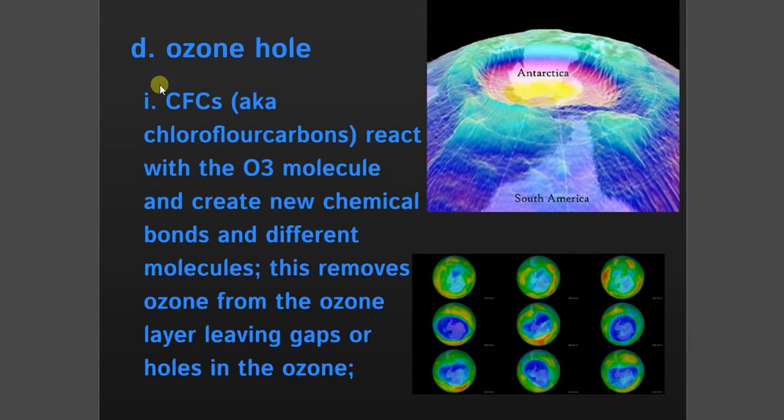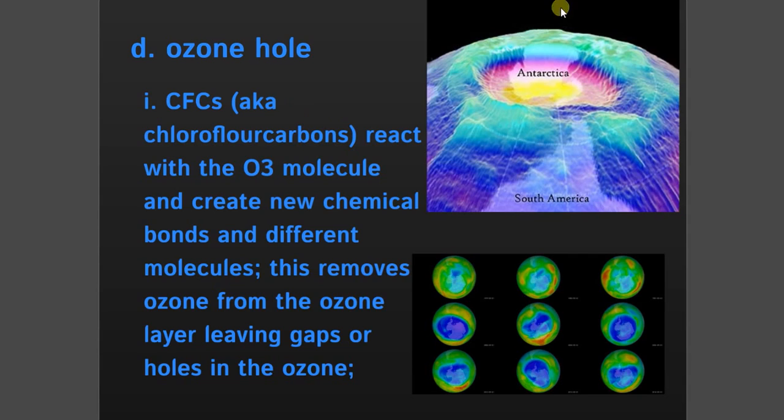What we discovered a while ago was that CFCs, these chlorofluorocarbons that we talked about in our greenhouse section, actually react with the ozone molecule, the O3 molecule, and they create new chemical bonds and different molecules. This tends to remove the ozone from the ozone layer, which leaves those gaps or holes in the ozone.